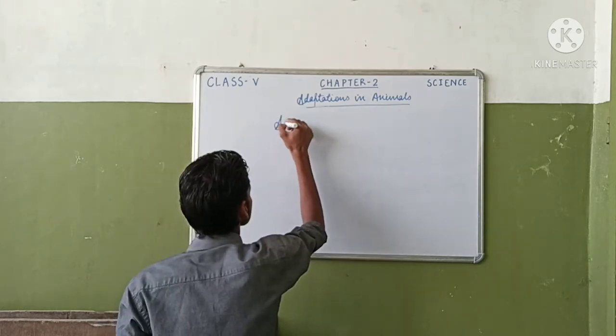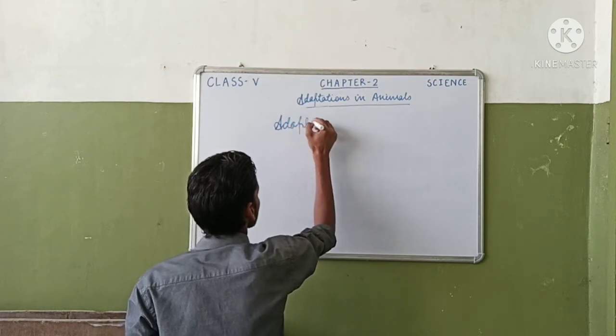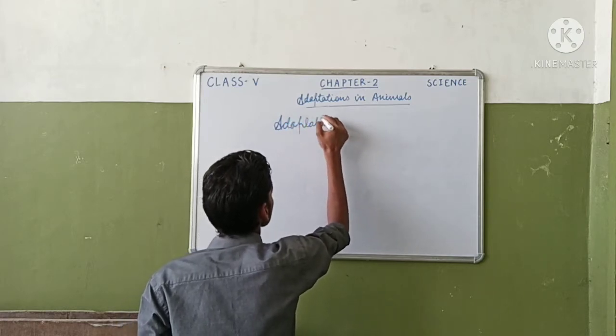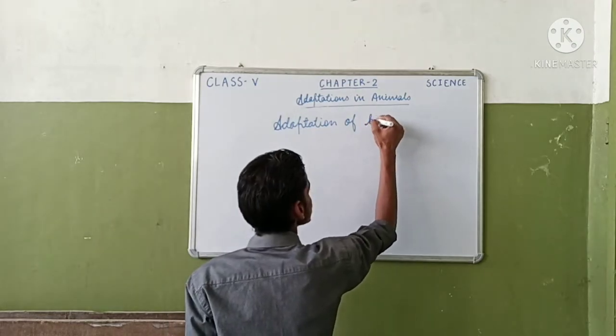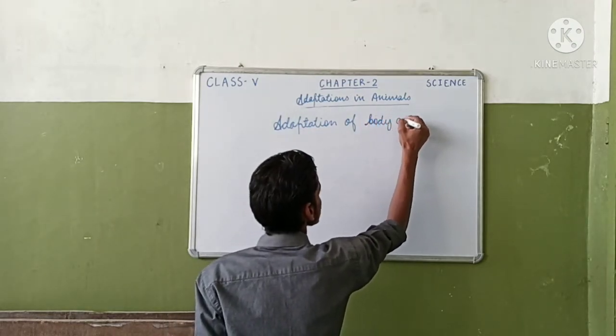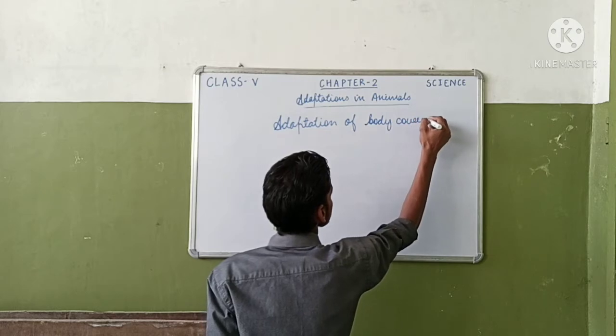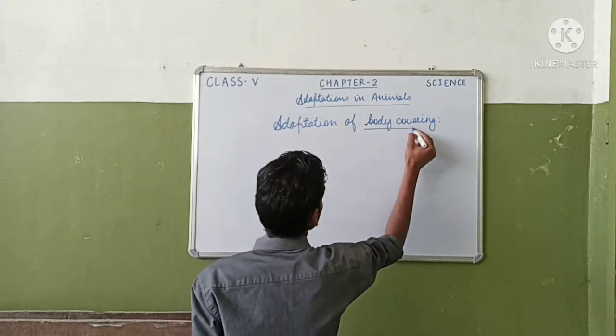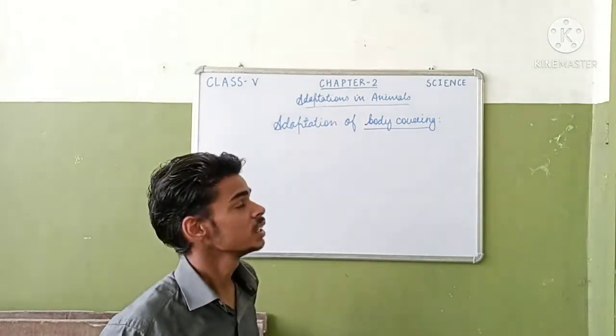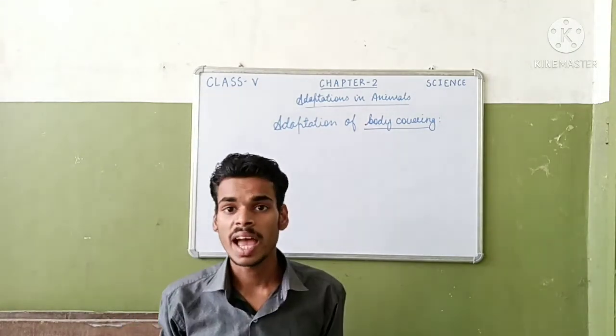Adaptation of body covering. Body covering is necessary in animals in order to live in their habitat.